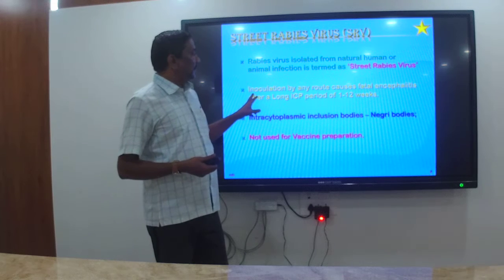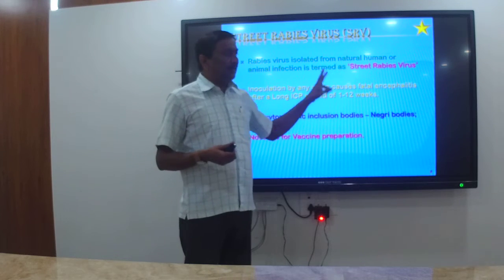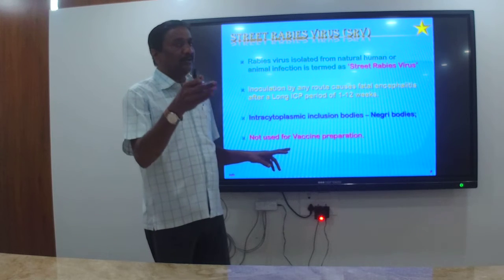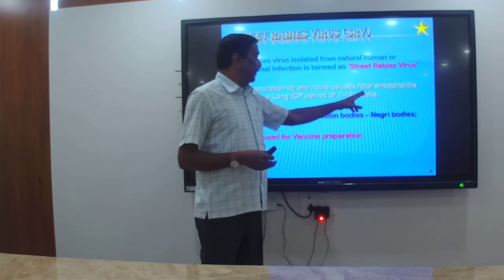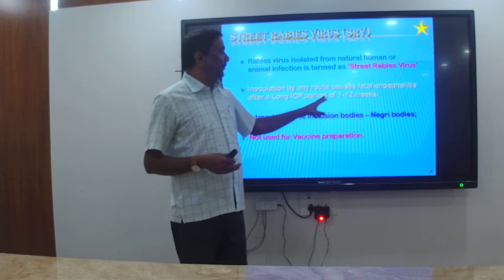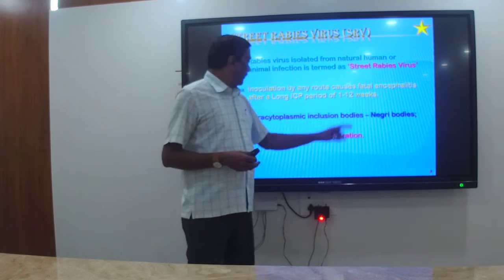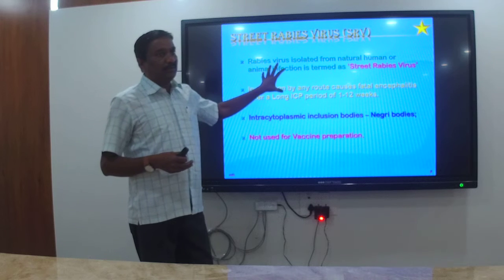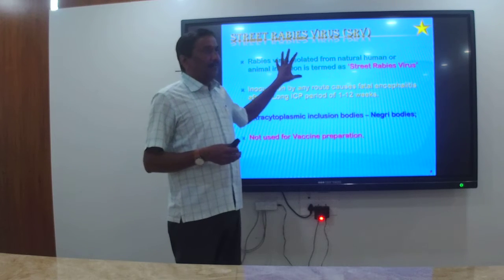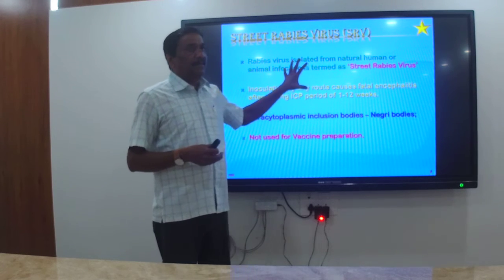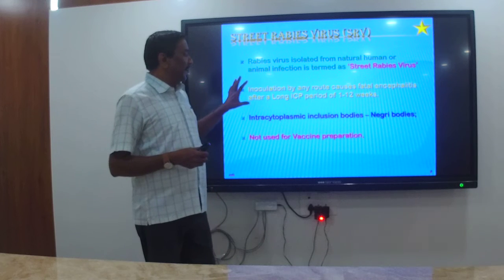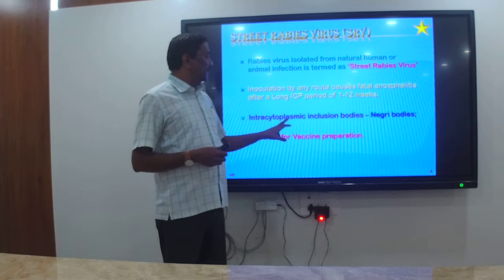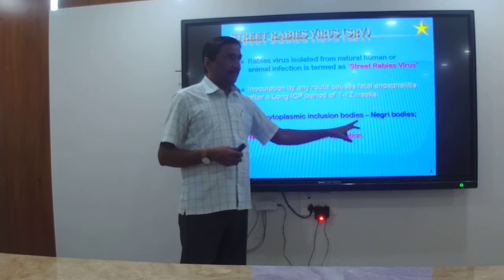When it is inoculated by any route, it can produce the clinical disease rabies, leading to fatal encephalitis, with a long incubation period of 1 to 12 weeks. In this case, with respect to street rabies virus, after infection, if you collect the brain biopsy, we are able to detect the presence of intracytoplasmic inclusion bodies.